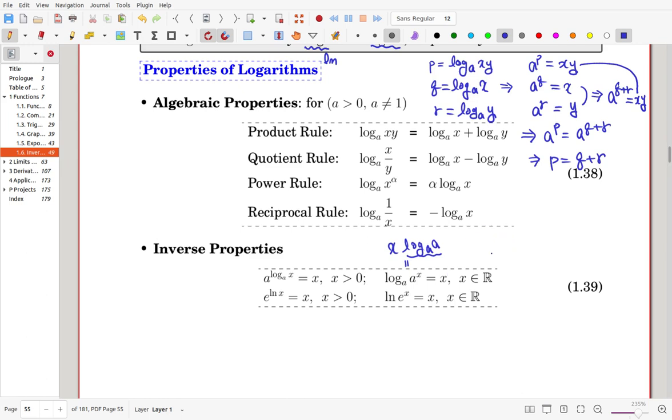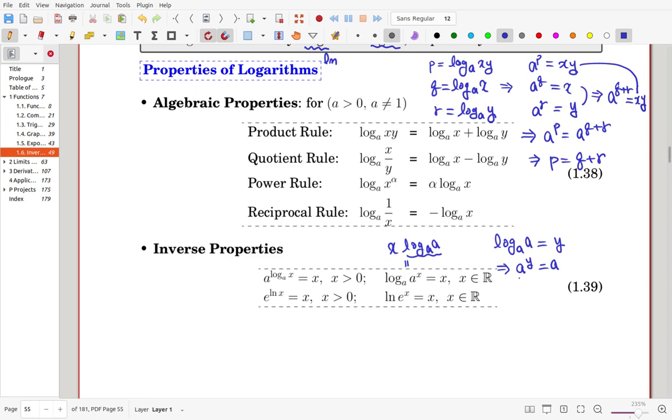Okay, let's see here log base a of a. We want to figure out what it is. Let's say this is y. Then from the definition, it is the same as a to the y equals a. That a, the small a is here, and that a is this one.